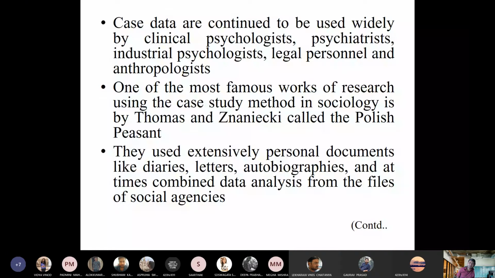If somebody has a habit of writing diaries, through that we can get some more extensive information the moment we go through all these documents. By reading all these documents, we'll get very extensive knowledge about that unit or that individual or that group, which will help us in our analysis, in our interpretation of the data, and in understanding the real picture of a person, the real picture of a case.